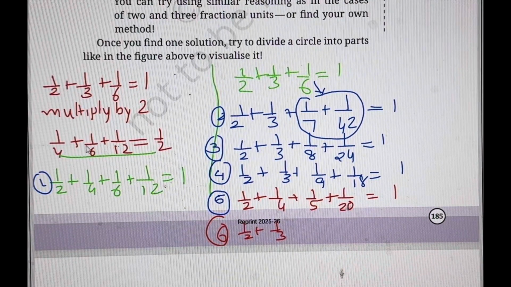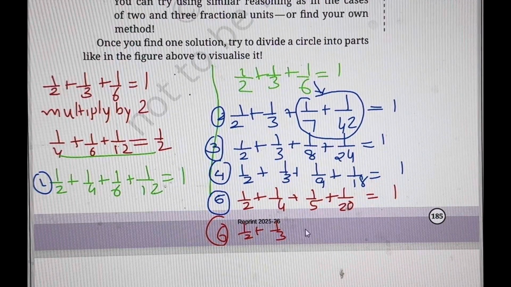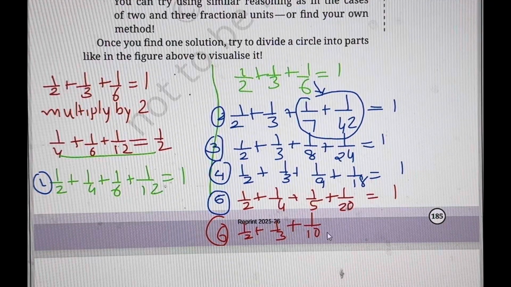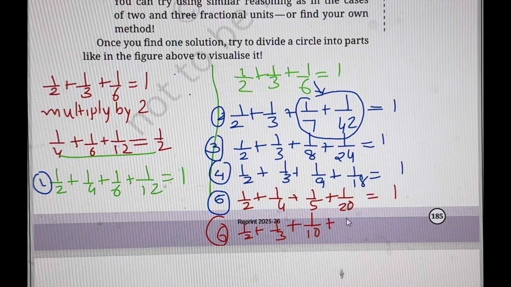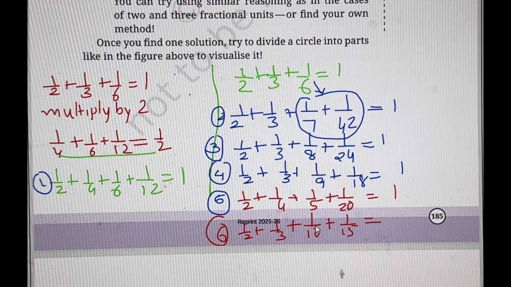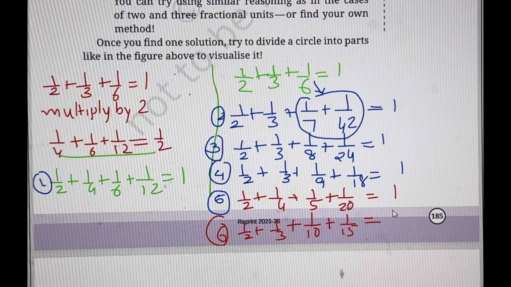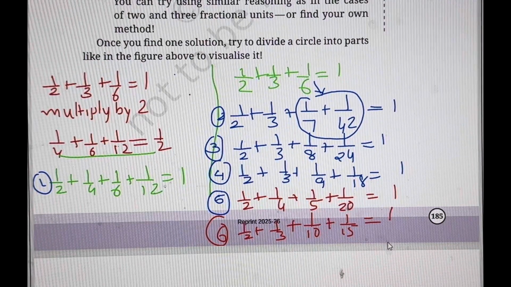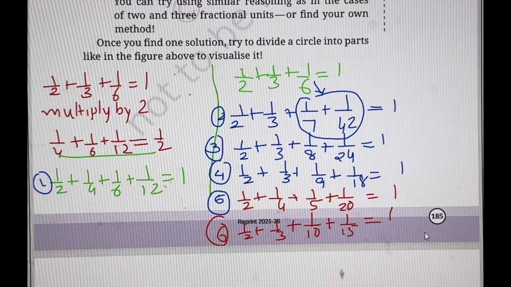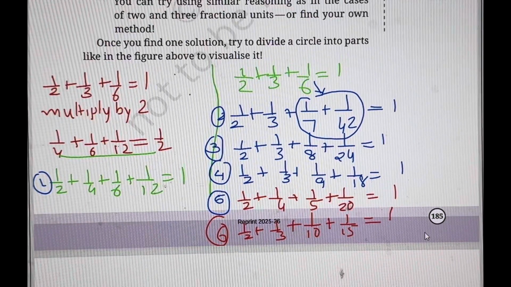We keep the first 2 as they are, as in the earlier case, and we replace 1 upon 6 by 1 upon 10 plus 1 upon 15. So 1 upon 10 plus 1 upon 15 will give you 1 upon 6. So it will naturally add up to 1. So these are the 6 solutions for 4 different fractional units to make 1 whole.